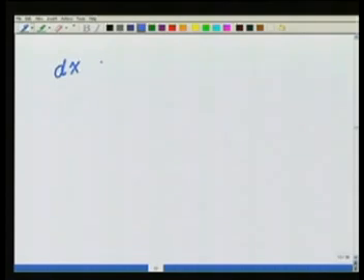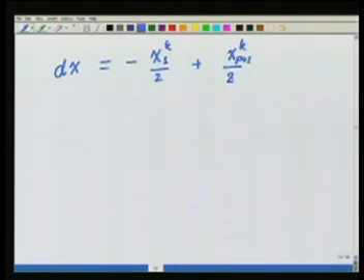I will get that dx, from that expression that I had written earlier, is equal to minus x1 of k by 2 plus x p plus 1 of k by 2, into d psi.